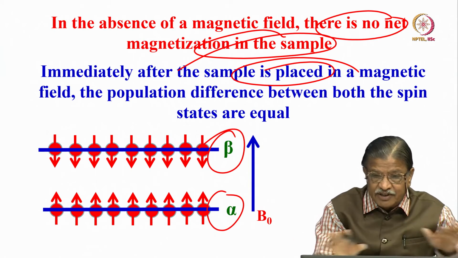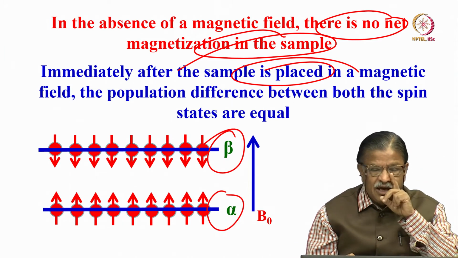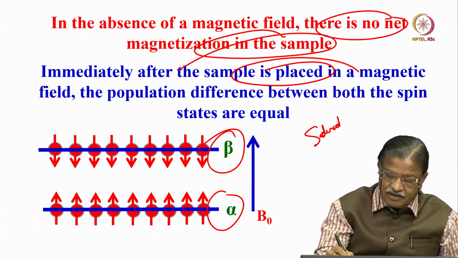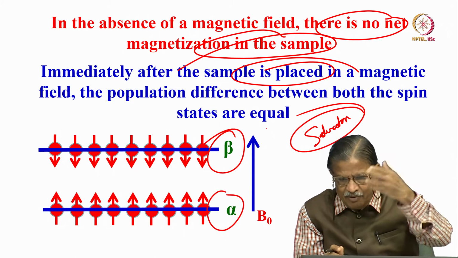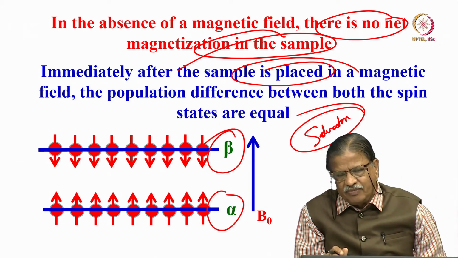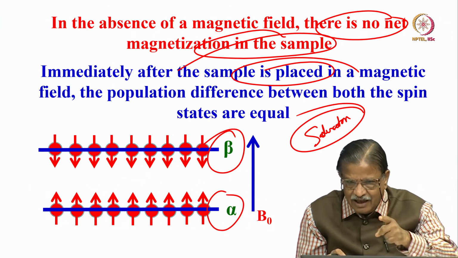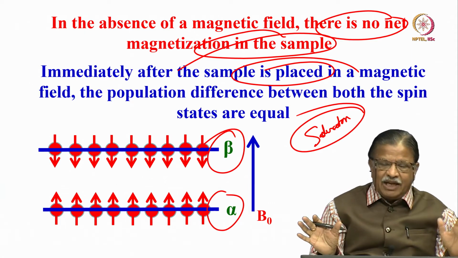There is no difference in spin population at all. What is this condition called? This is a condition called saturation. We have discussed this earlier in the previous course. You can make the spin states become equally populated. This is a condition called saturation. We can do that. So now I have not done anything.